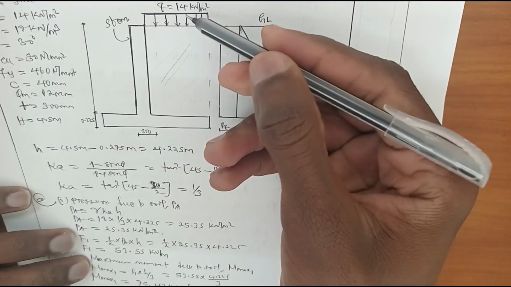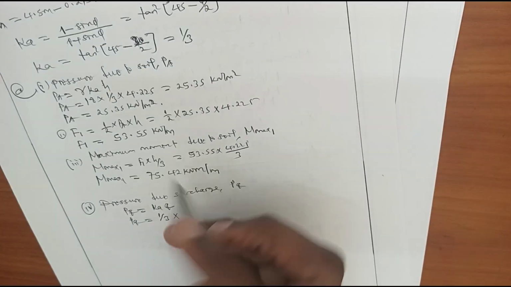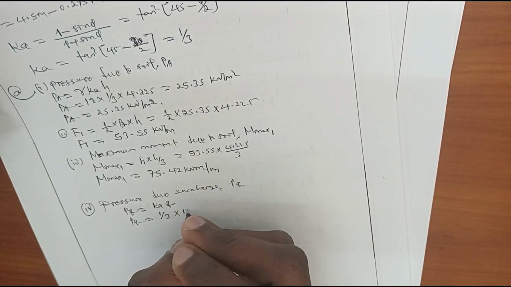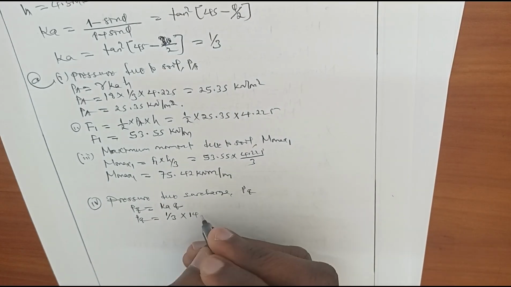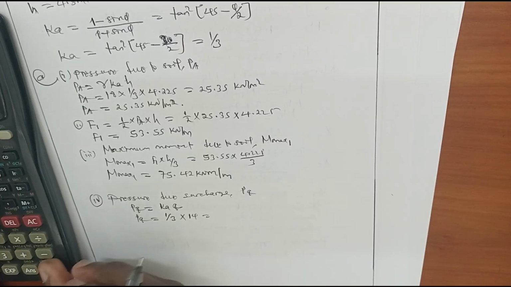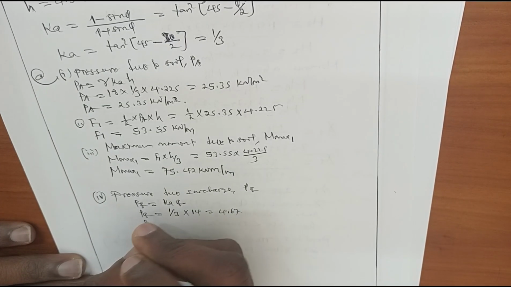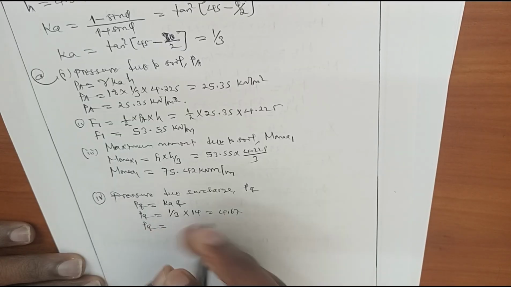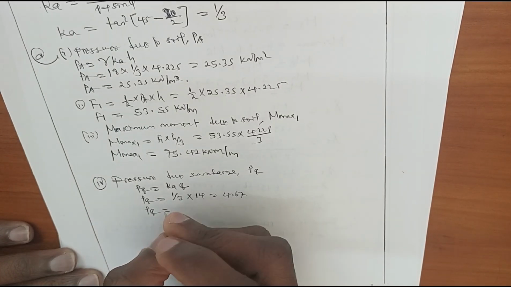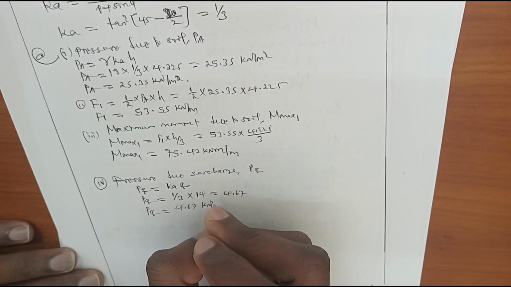Surcharge is this one, 14. Now when we compute 14 divided by 3, it will be equal to 4.67. So the pressure due to surcharge will be equal to 4.67 kilonewton per meter square.